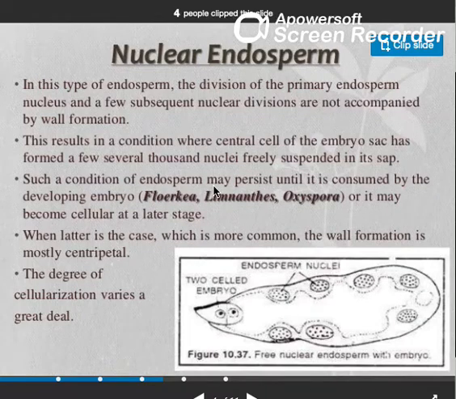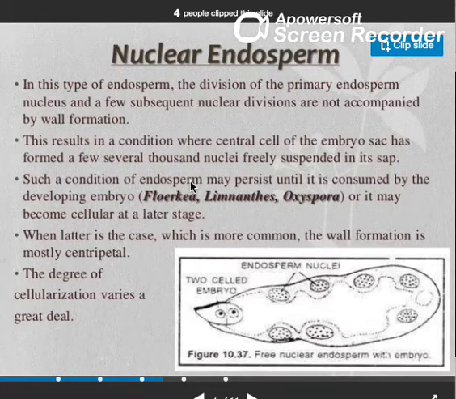Such a condition of endosperm may persist until it is consumed by the developing embryo. You can find this in Floerkea, Limnanthes, and Oxyspora, which do not have any cellular wall formation.